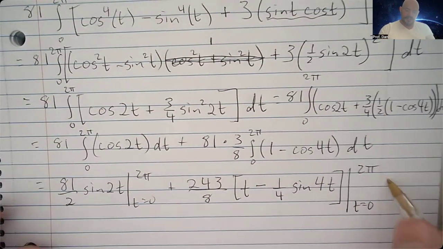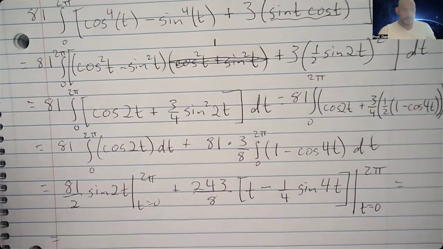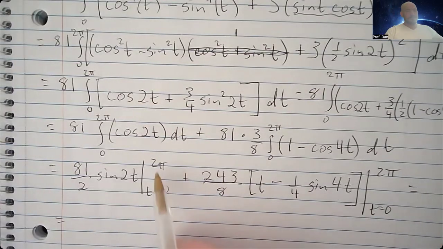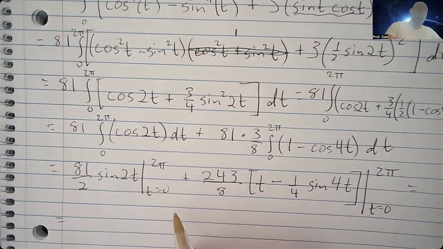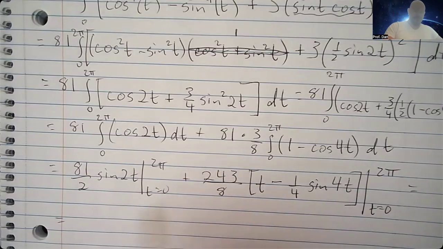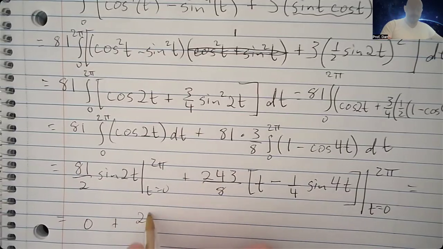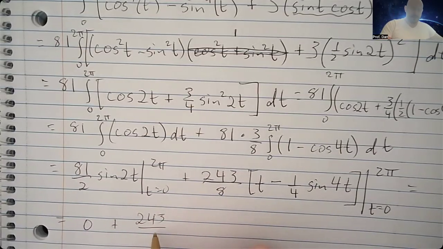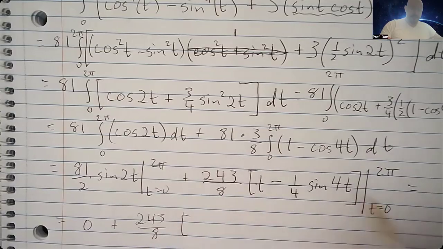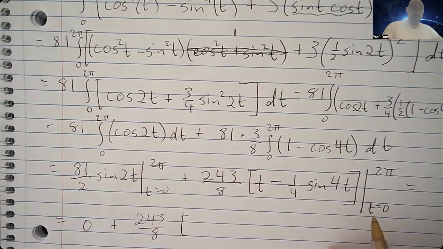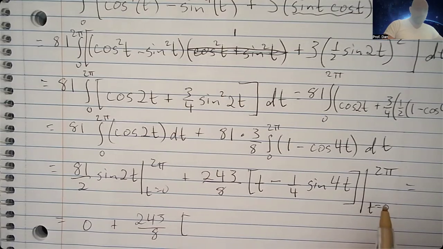Now, a very nice thing computationally is that sine of 4t and sine of 0 are both 0. So that whole first thing is going to be 0. As for this one, we already know that this sine term will result in 0 as well, because sine of 8 pi and sine of 0 are both 0.